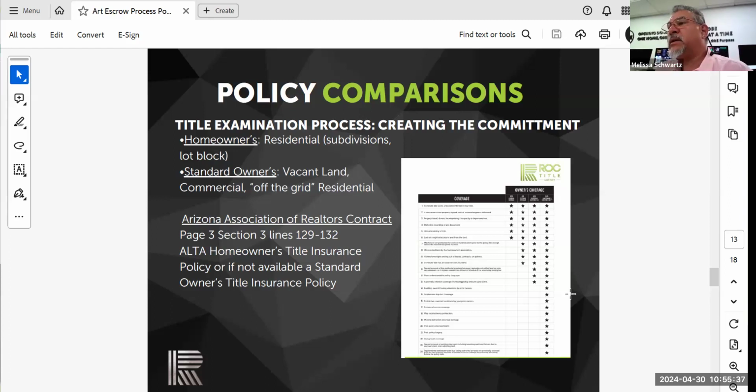The owner's policy is based on the sales price and the lender's policy is based on the loan amount. Is there a percentage that it's based on? No, we don't do it by percentage. I'm not sure exactly how they calculate it. I didn't bring the form with me, but it averages out to probably about 1% between all the closing costs up to the sale price.